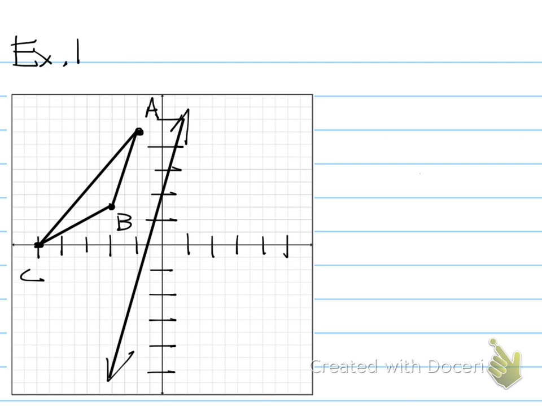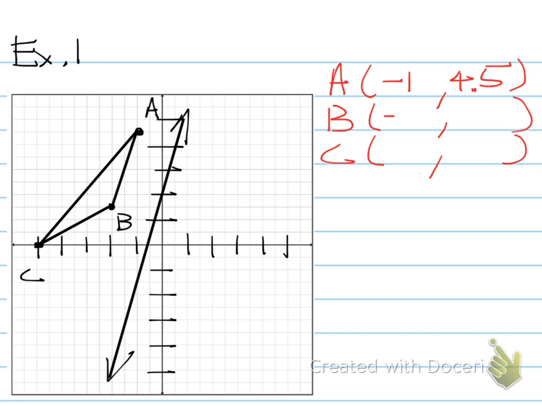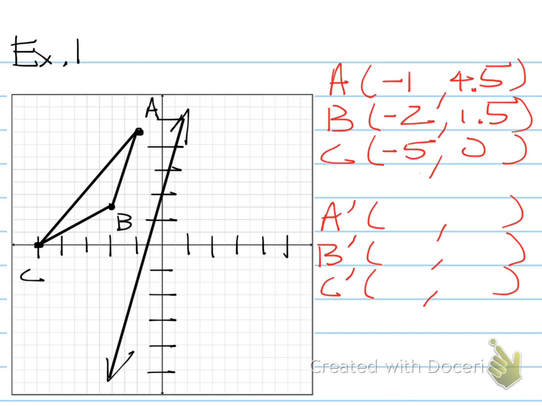All right, in this example, we want to reflect the pre-image triangle ABC across the line in the figure. First thing we're going to do is start by writing down the coordinates of the pre-image. And then to get the coordinates of the image, what we want to do is approximate the distance on the other side of the drawn line.